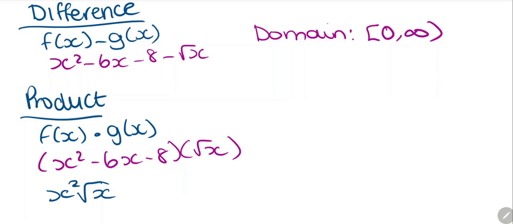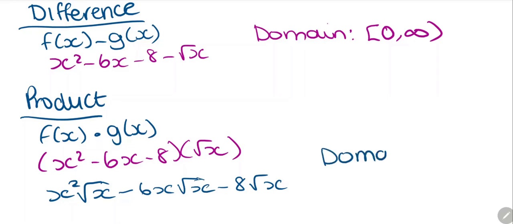And then I'm going to multiply our middle terms together, so I will have minus 6x root x. And then I'm going to multiply our last terms together, so this will be minus 8 root x. Now, can't simplify that any further. The domain is going to be the same, from 0 to infinity.